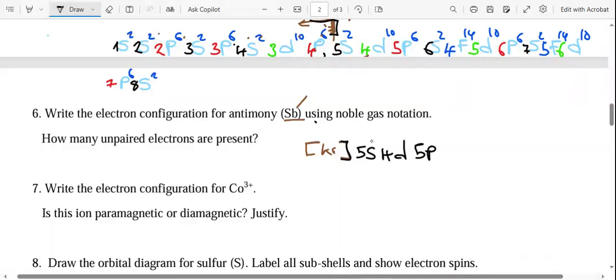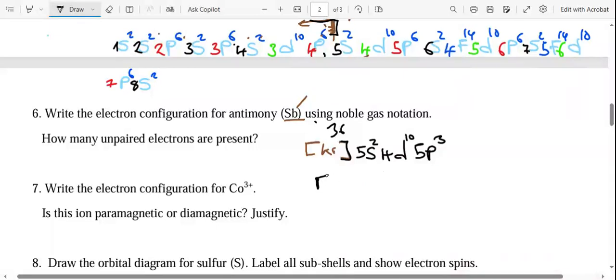You have seen? So here it has 2, then here it has 10, then here that's where there are 3 now, just like that. So there are 3 because when you add 36 plus these 15 electrons, they give you 51. So this is the electron configuration. We are done.